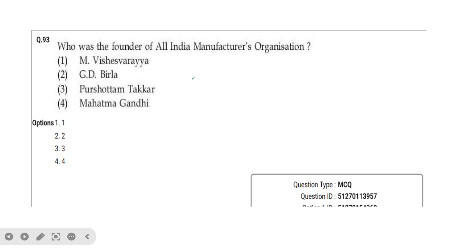ठीक है? Question number 93: who was the founder of All India Manufacturers Organization? M. Visvesvaraya, G.D. Birla, Purushottam Thakkar या महात्मा गांधी? So the answer is option 1.